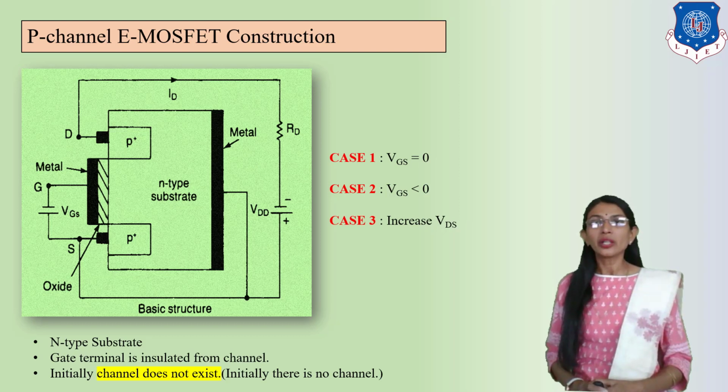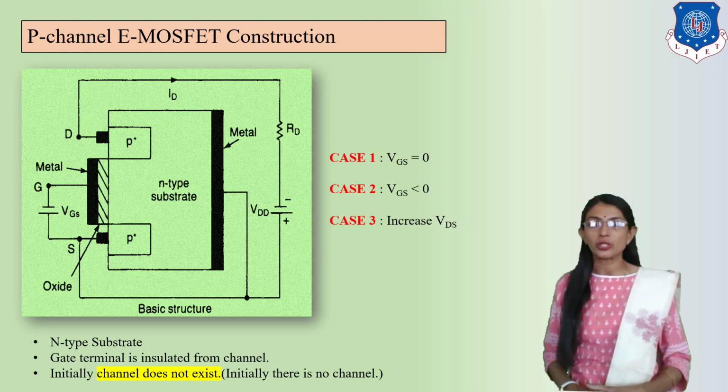According to this P-channel E-MOSFET construction, look at this, this is the N-type substrate and two heavily doped P-type regions which are known as drain and source. I have connected one battery between gate and source, that is VGS. If we do not connect any battery, then it becomes case number 1. Case 1 is VGS equal to 0, that means there is a short circuit between gate and source.